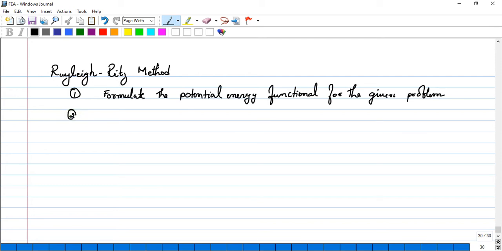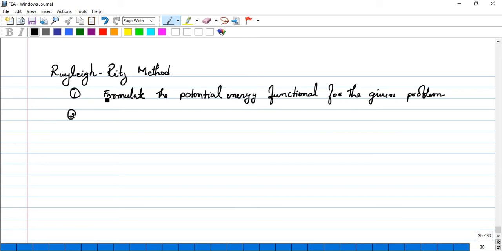Here the finite element formulation will remain the same. You know the general steps that we have discussed. In the second step, we have to assume the displacement function, or what we call an interpolation model.